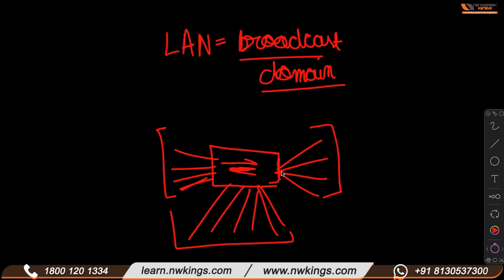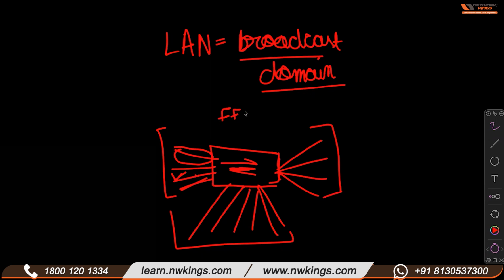But when it comes to layer 2, as soon as a message goes from here and is destined for this one, let's suppose this one, the one that I marked, and the switch does not have a MAC address for the receiver, what is it going to do?